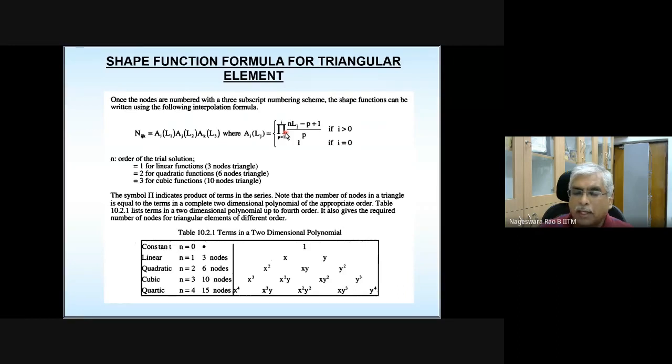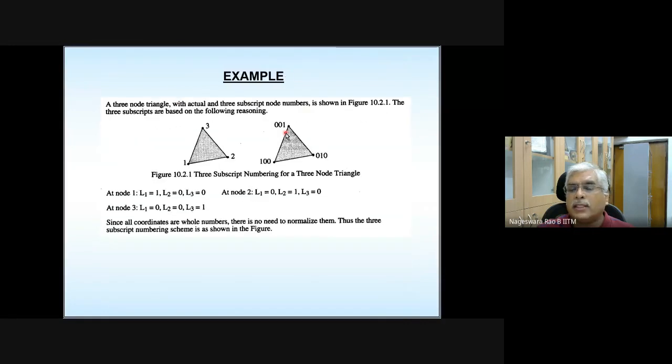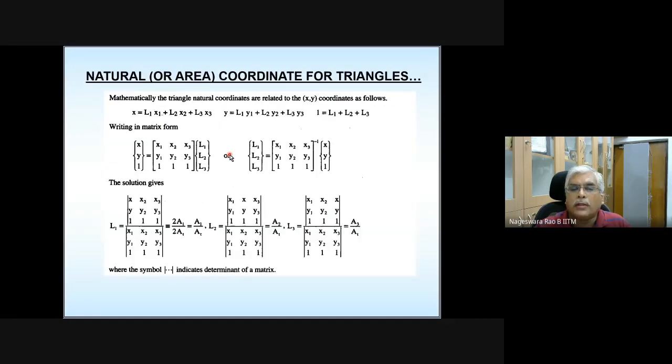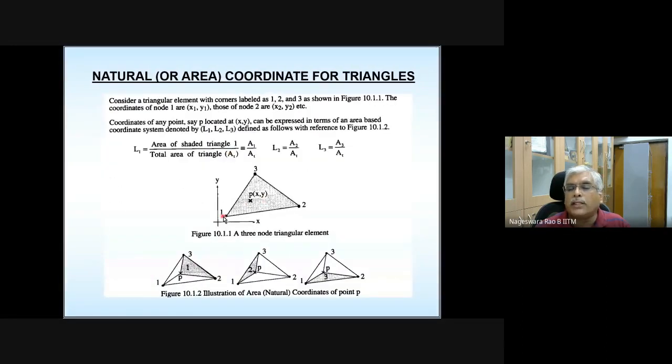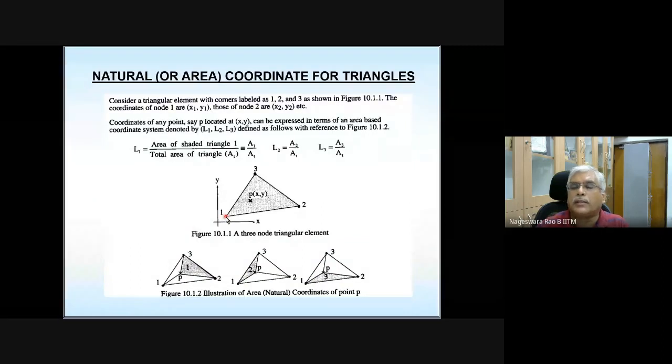I hope you have taken note. Okay, and then I'm going to this 3-node triangular element. You label the nodes 1, 2, 3 using the L1, L2, L3 concept. Last class I asked you what is L1, L2, L3 for node 1?